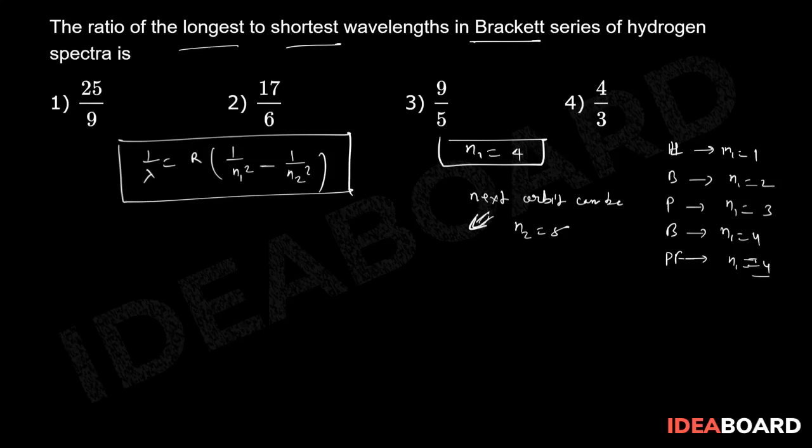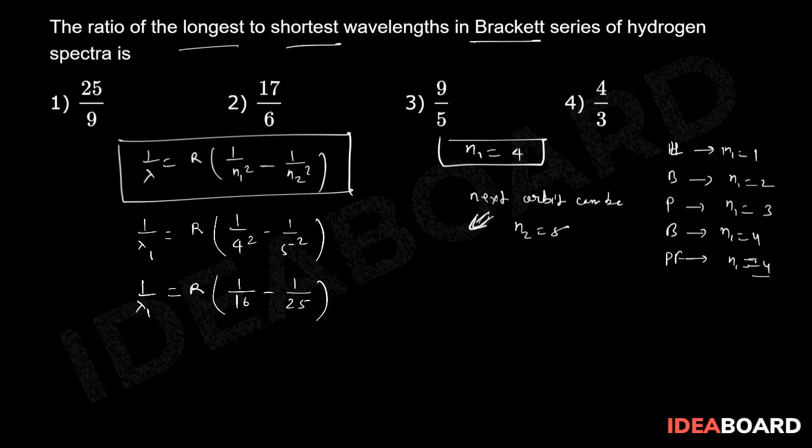If I use this, I can get 1 upon lambda 1 is equal to R into 1 upon n1 square, which is 4 square, minus 1 upon 5 square. If I write the values, 1 upon lambda 1 is equal to R into 1 upon 16 minus 1 upon 25.